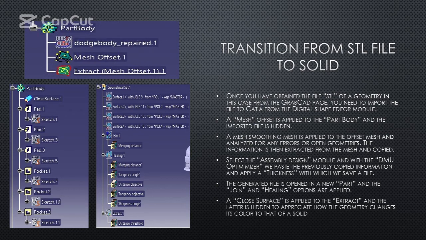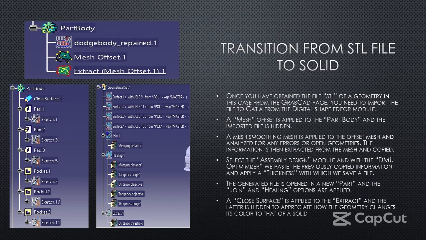Then we select the assembly design module and with the DMU optimizer, we paste the previously copied information and apply a thickness with which we can save a file.